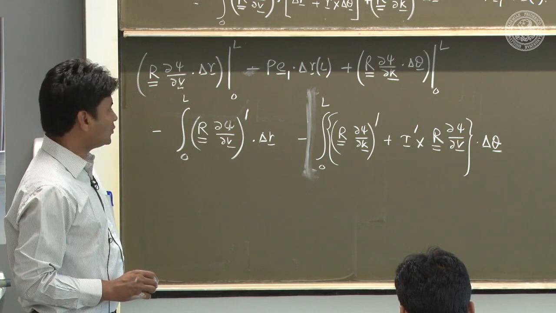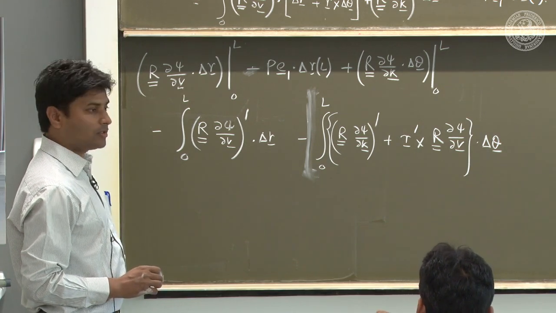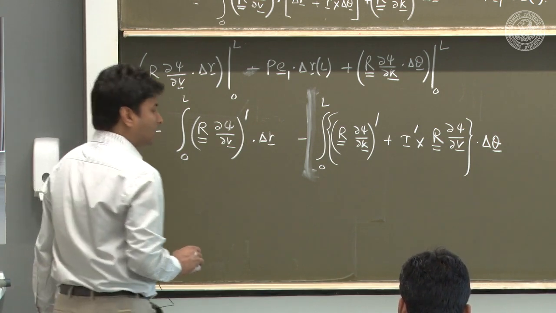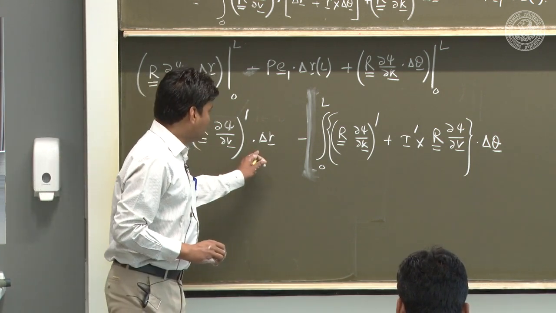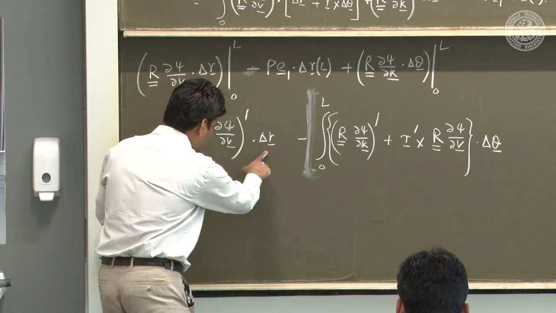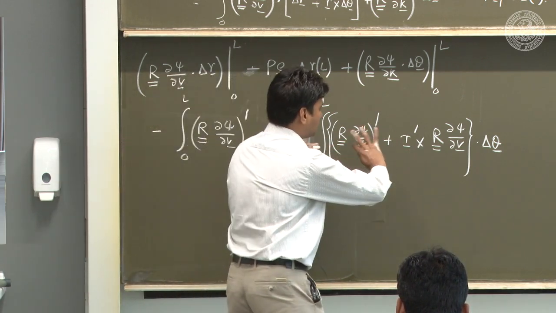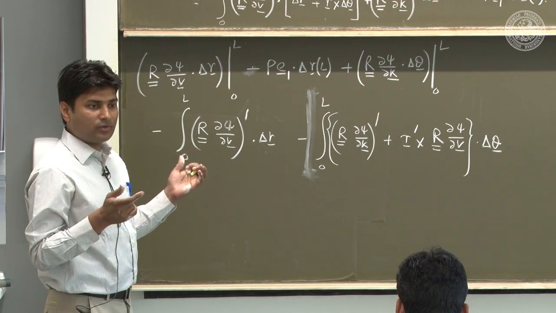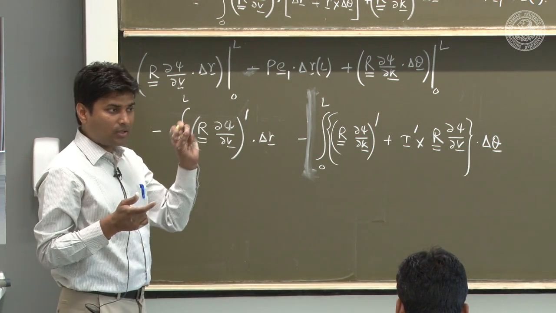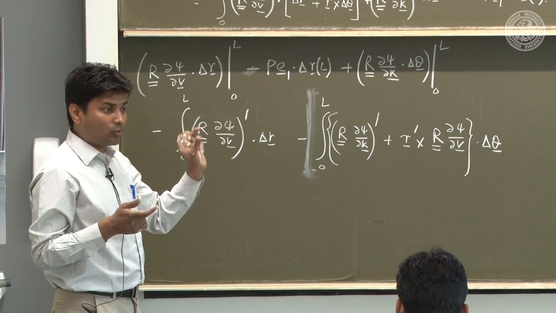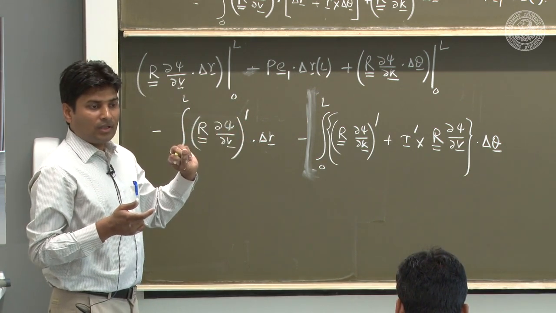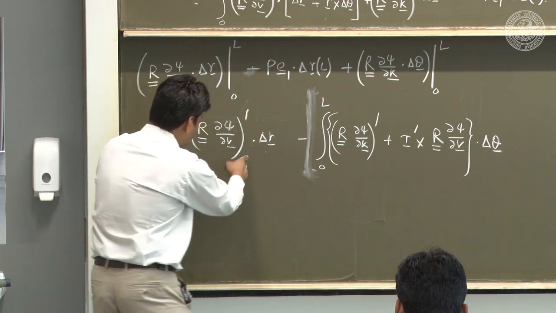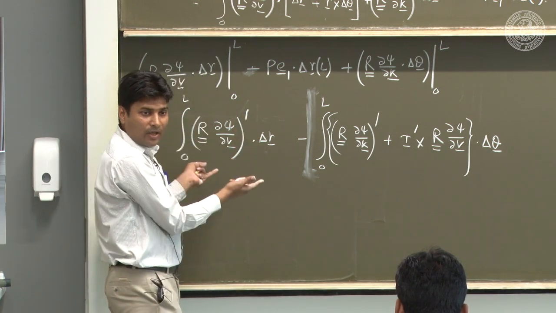Now can you tell me what should we do? How do we extract the Euler-Lagrange equation? So you see that we have got delta R, delta theta separate, and delta R and delta theta are two independent perturbations. Delta R is for the center line and delta theta is for the rotation, and since they can be arbitrary, the integrand must vanish.